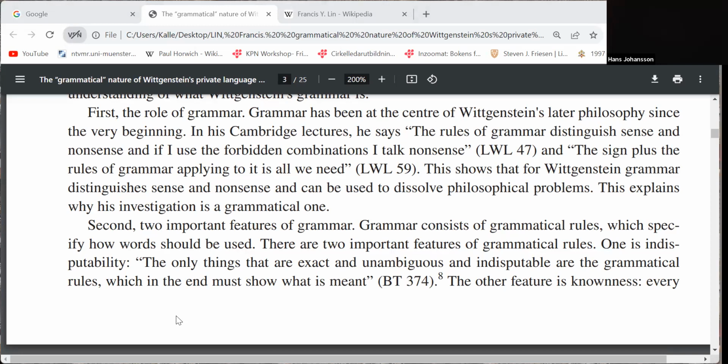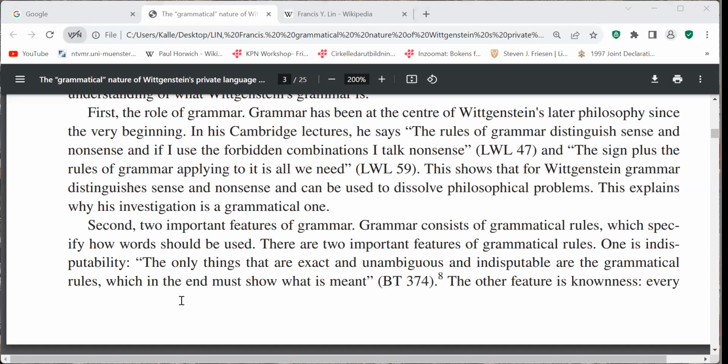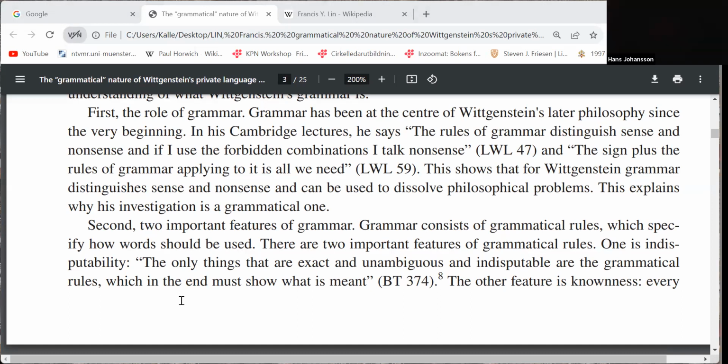And the sign plus the rules of grammar applying to it is all we need. This shows that for Wittgenstein, grammar distinguishes sense and nonsense and can be used to dissolve philosophical problems. And this explains why his investigation is a grammatical one.